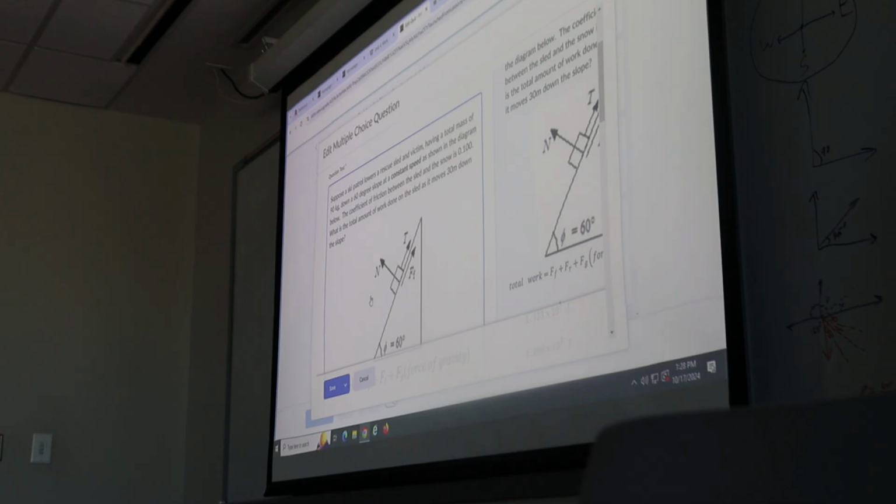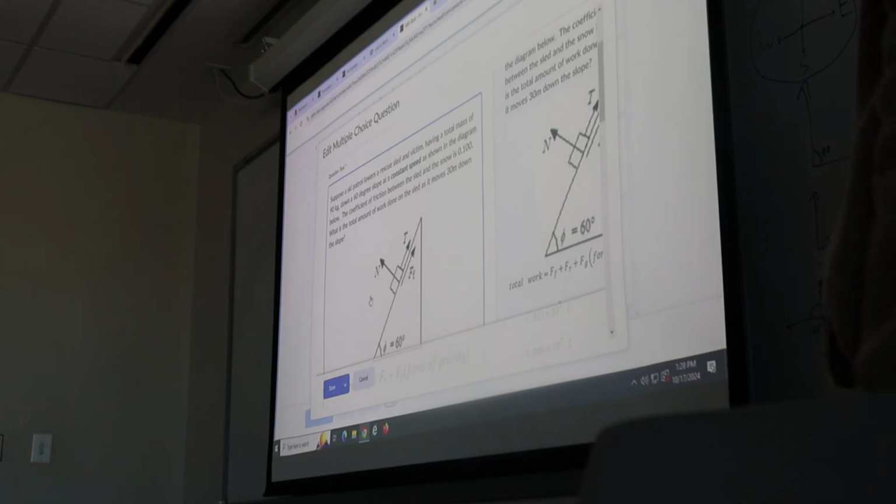Do we know what G is? You know what G is. Wait, how do we get that equation? Never mind, I get it, because mg equals mass times gravity. The basis of the equation is F equals ma.